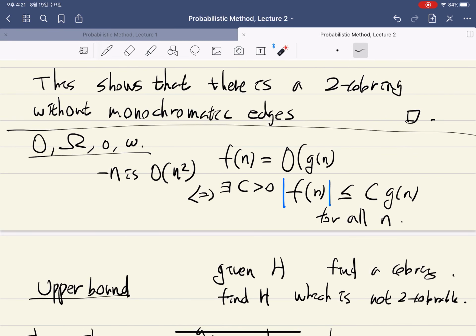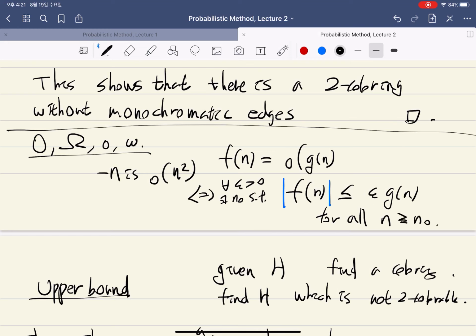So this is for big O, but similarly for small o. Small o is that for all positive epsilon, there is n0 such that this is smaller than epsilon times that for all n at least n0.